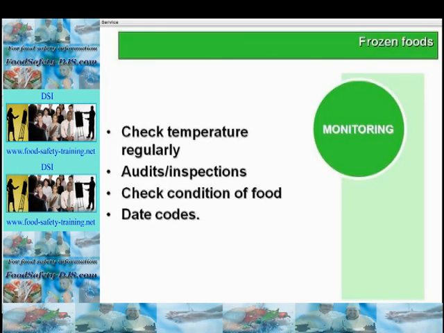Monitoring methods include checking the temperatures regularly, audits and inspections, checking the condition of food, and the observance of date codes. Also reject unfit, contaminated or out of date food. Storage times: vegetables, fruit, most meat up to 12 months.